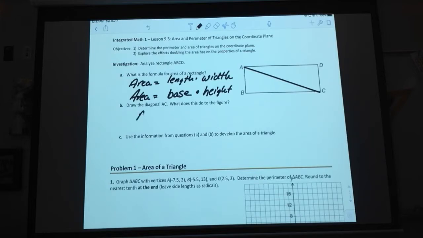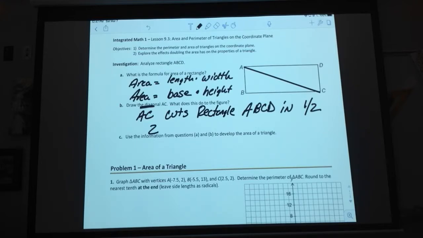Well, that line segment AC, a solid bar over the top of the two letters AC means line segment, cuts rectangle ABCD in half. And in essence, I created two congruent triangles.